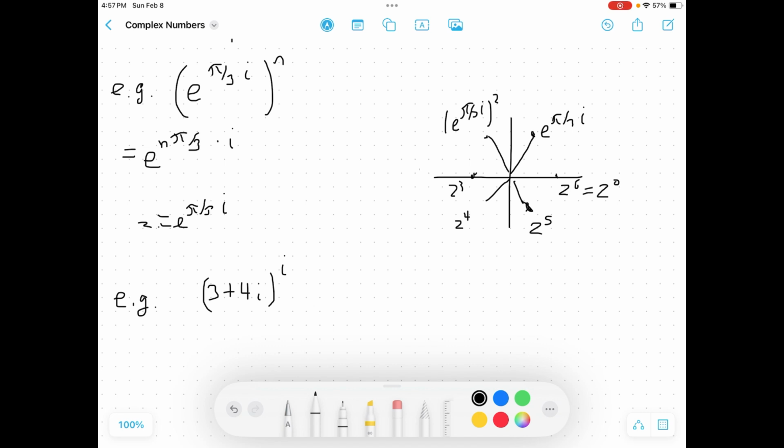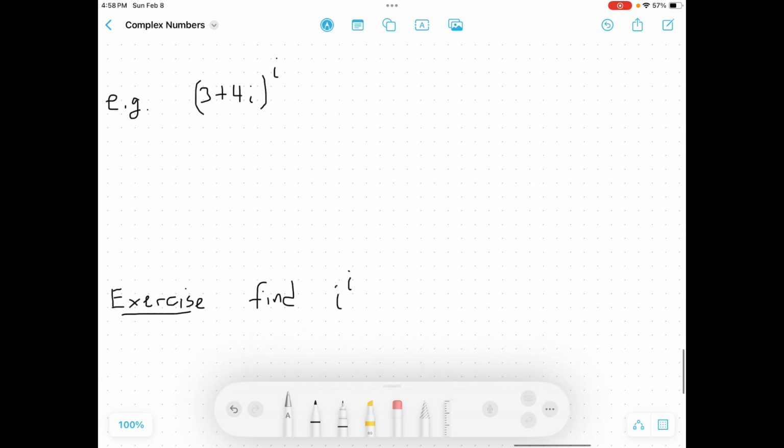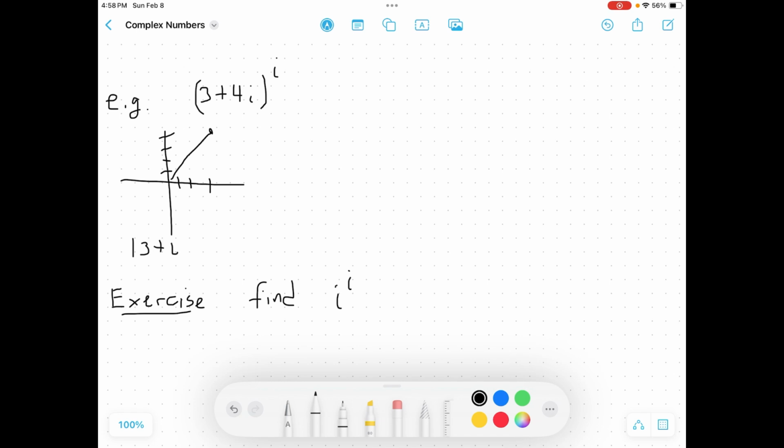If we've got something more complicated, then we would need to pay a little bit more attention. Let's see, we've got this e to the 3 plus 4i to the i that we want to compute. 3 plus 4i, we've got our nice 3, 4, 5 triangle, so we know that our modulus of 3 plus 4i is going to be 5.